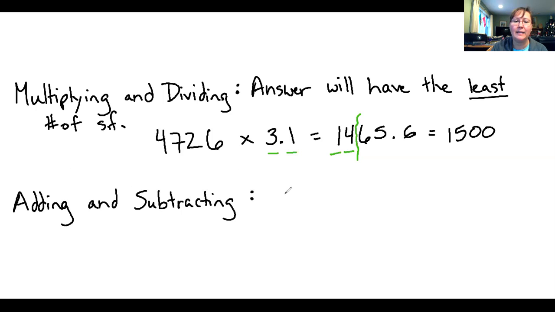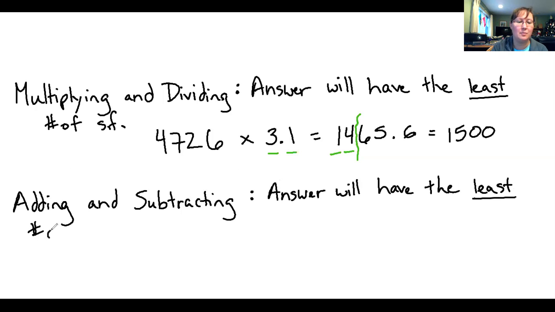In this case, our answer will have the least number of decimal places. And that's because we're comparing magnitudes in this case. So let's take a look at this.